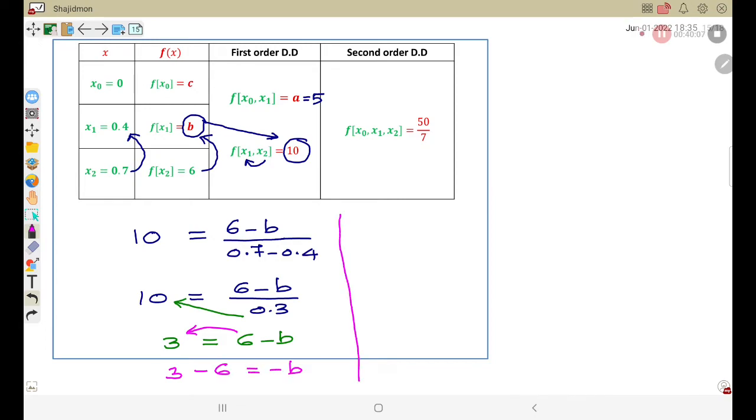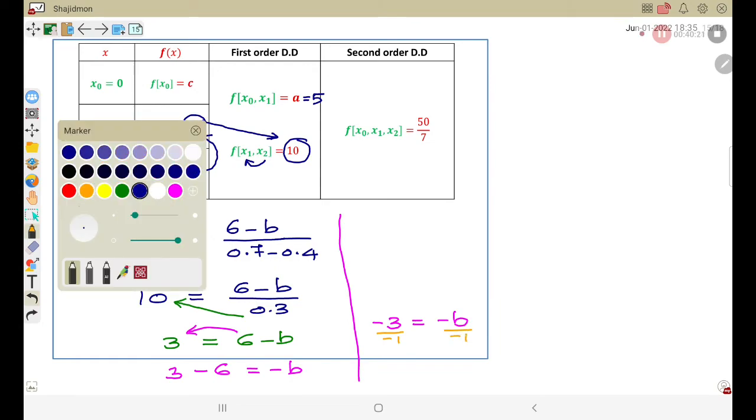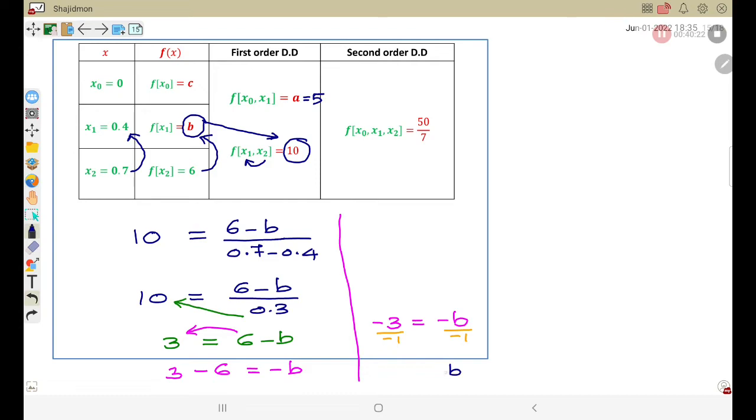So what will we get? 3 minus 6 means minus 3 equals minus b. Both sides we divide by minus 1, correct? Because we need to delete that minus sign. Okay, so what will be the b number? b equals 3. So we got the second number also, b equals 3 here.